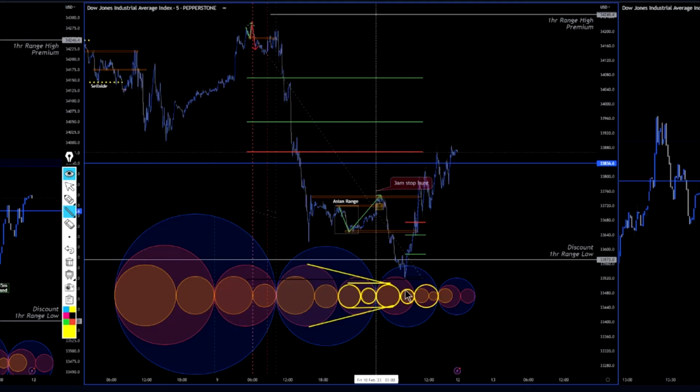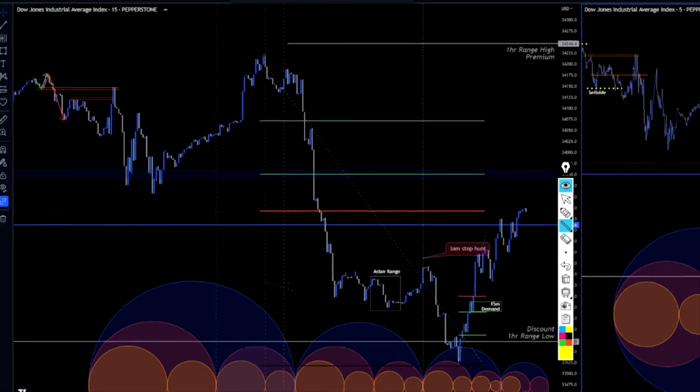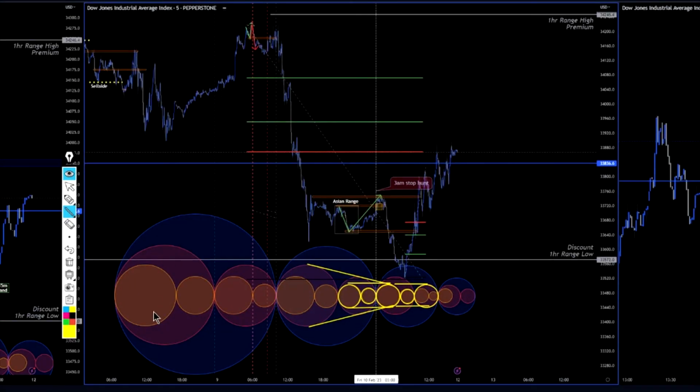So we have this during the day. Accumulation, manipulation, distribution. Turns to accumulation, manipulation, distribution. That is how to interpret these circles in a logo using Fibonacci, time and price.